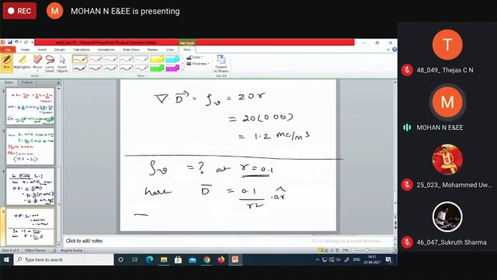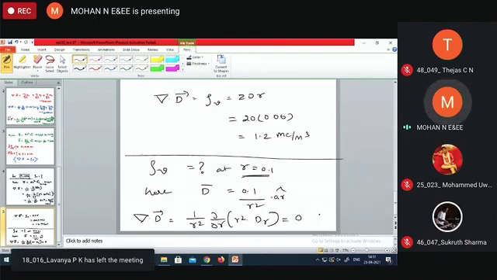Use the same expression, gradient of D vector is equal to 1 by r square dou by dou r of r square into D r. Substitute D r and partially differentiate, you will get 0. The r square gets cancelled out, so you get a constant, and differentiation of a constant is 0.